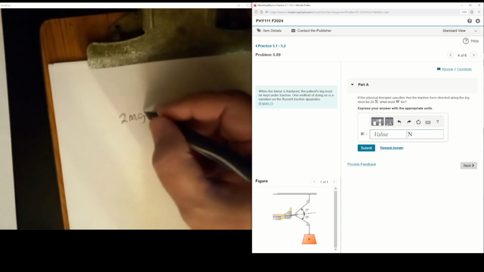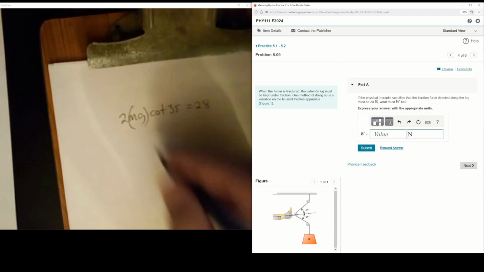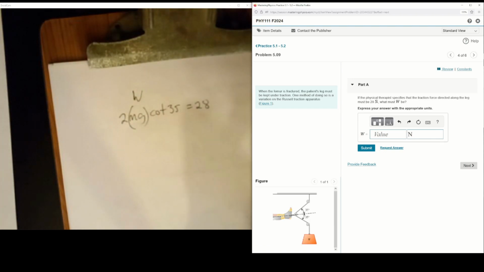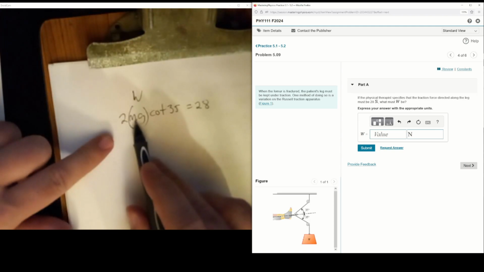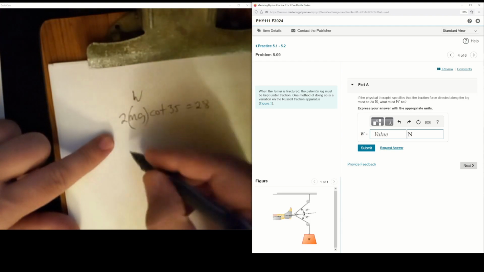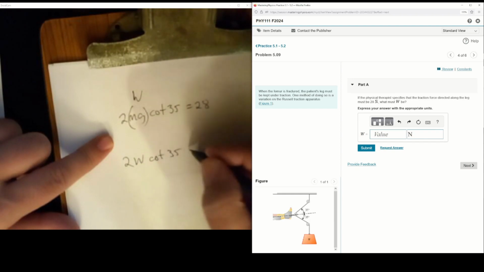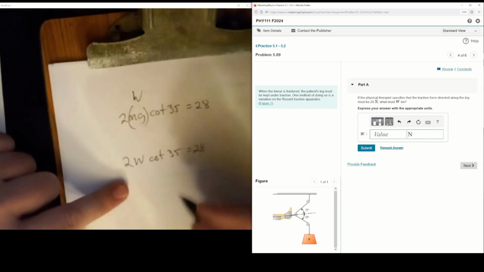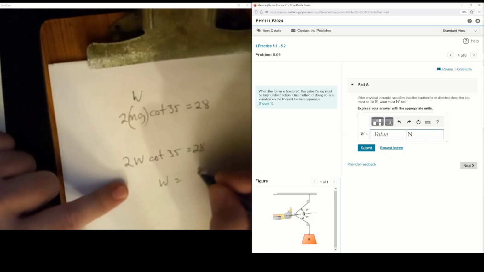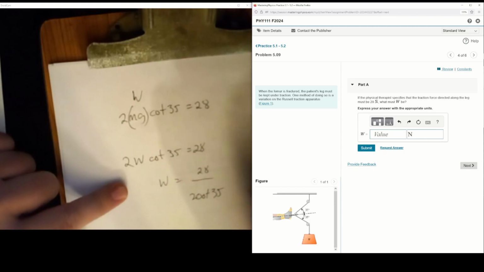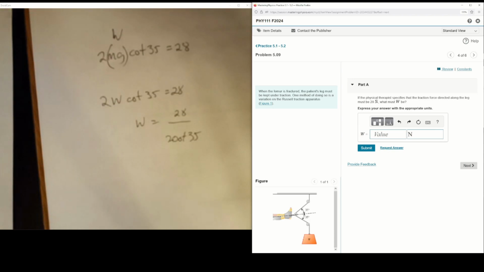Now weight is mg, and they are asking us to solve for weight and not mass, so they're actually asking us to solve for mg here. So this is really 2 weight cotangent 35, and solving for W then, we'll get 28 over 2 cotangent 35 for our weight. And let me see.